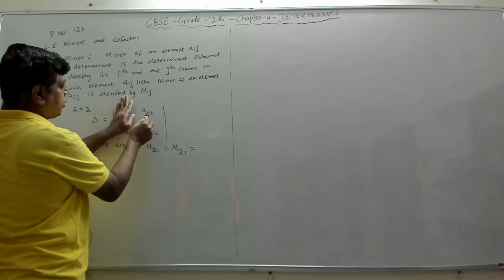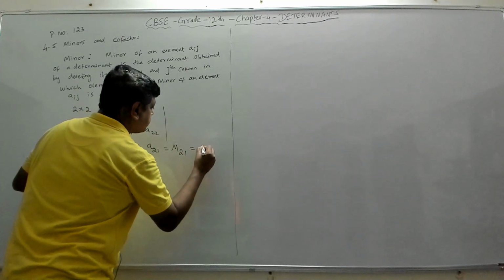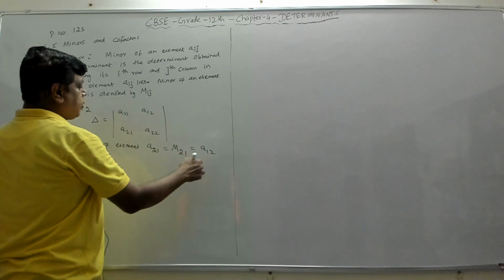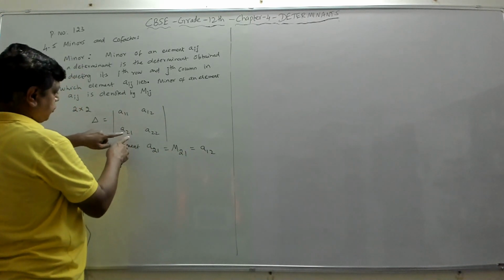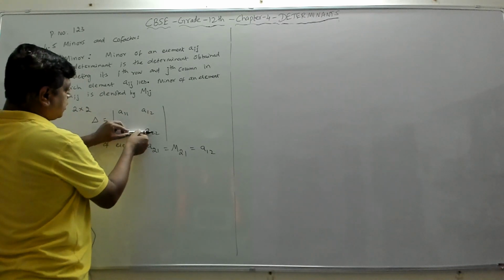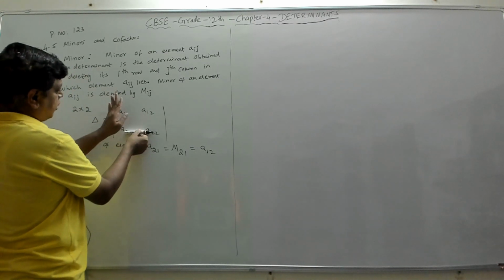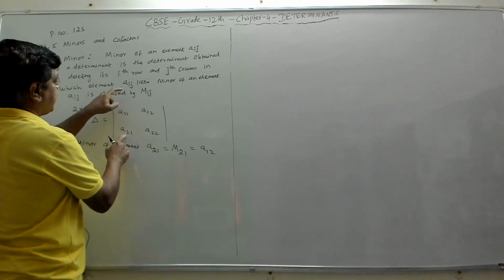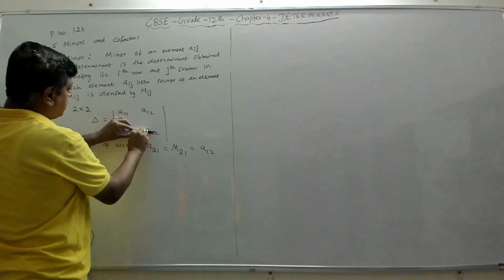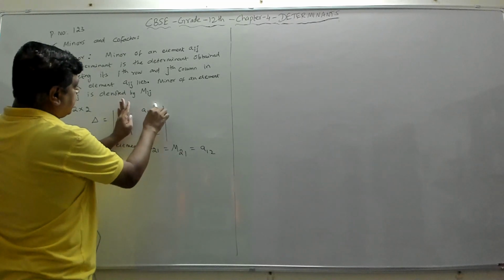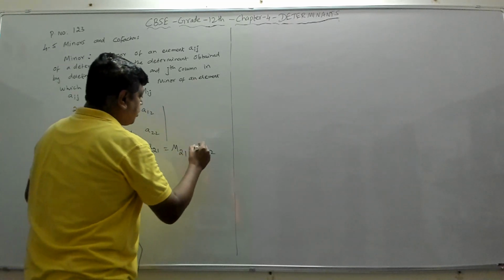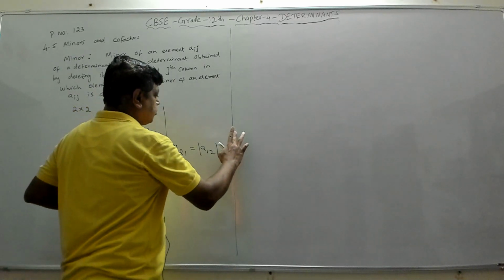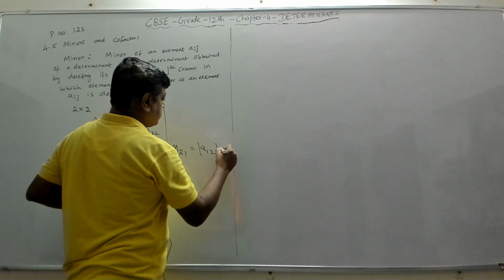We are left with A12. So the minor of element A21 is A12. Close this particular row and this particular column, then take the determinant of what remains. The determinant of A12 is A12.